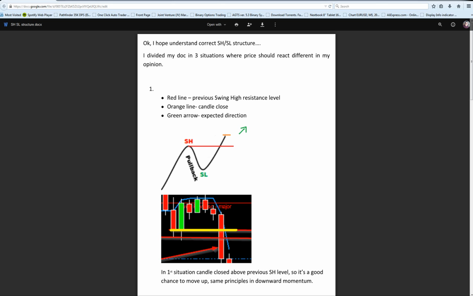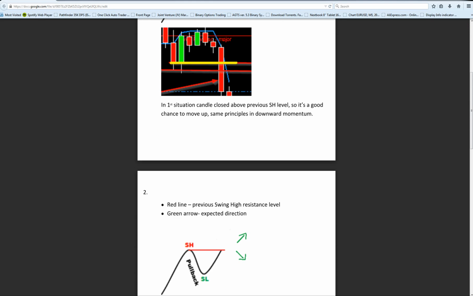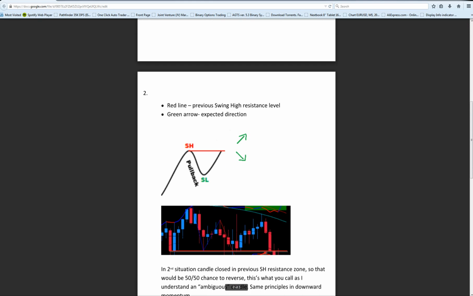Depending on what the chart looks like, it could be a potential run. We're going to look at charts in a bit and see when it's more likely a run and when it's more likely not. So situation one: price moves up, pulls back, moves up, and closes higher than the previous swing high. That would be indicative of a run with appropriate market conditions.